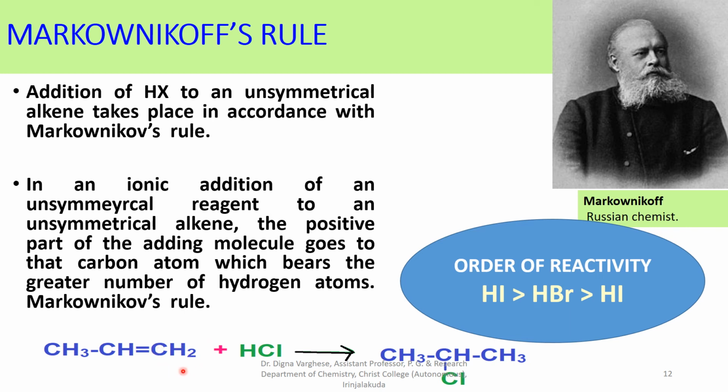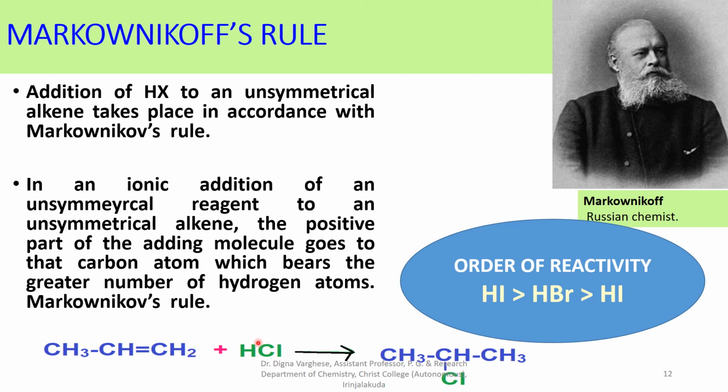Here you can see propene reacts with hydrochloric acid. The positive part is hydrogen, which will go to the carbon which contains more hydrogen atoms. So it will go to the CH2 carbon atom, forming CH3 here.